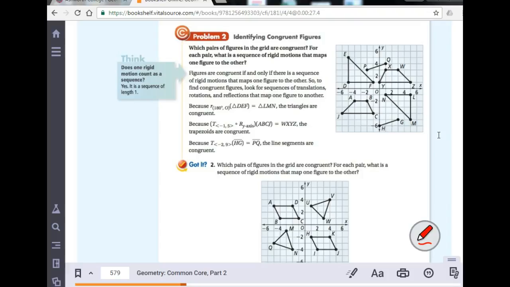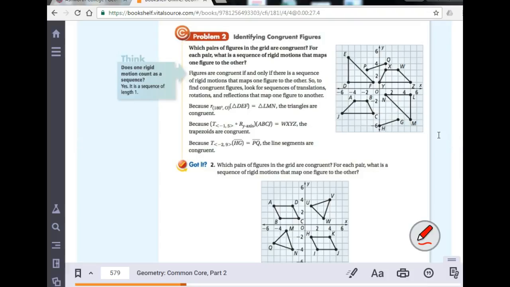The transformation here would be 2 to the left and 9 up. So if you took HG and moved it 2 to the left and 9 up, it would become PQ. And because those didn't change size, that's what we call rigid motion.